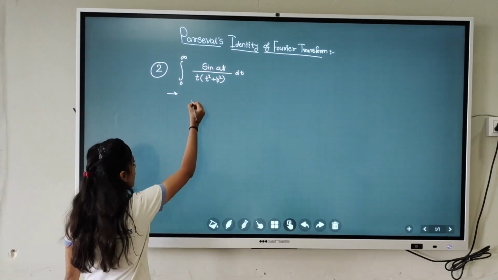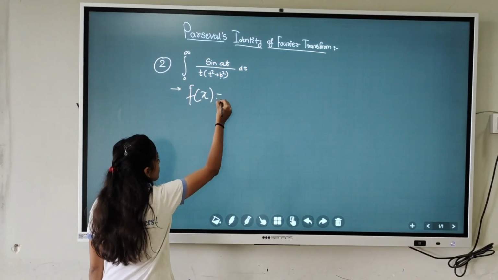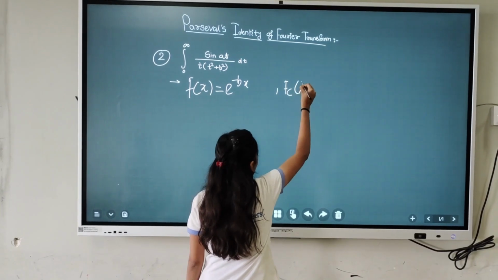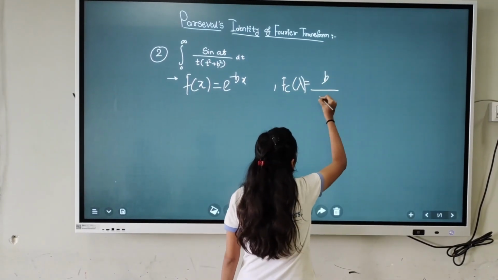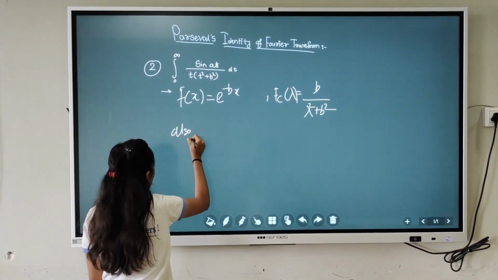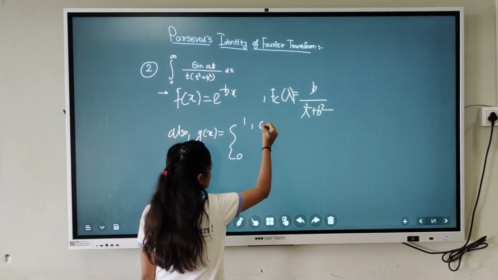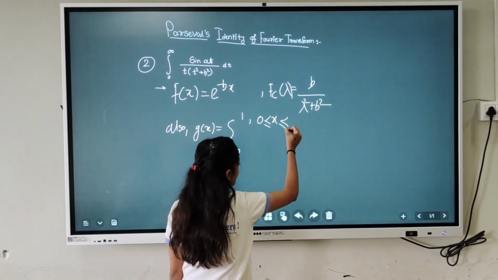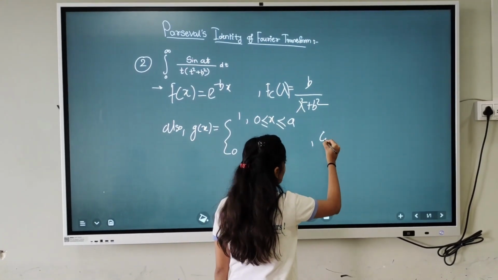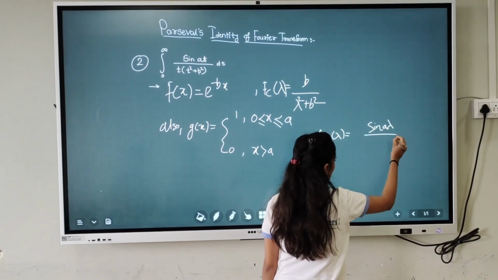So here we have f of x equals e raised to minus bx, and fc of lambda equals b upon lambda square plus b square, and also g of x equals 1 for 0 less than or equal to x less than or equal to a, and 0 for x greater than a, and our gc of lambda equals sin of a lambda upon lambda.